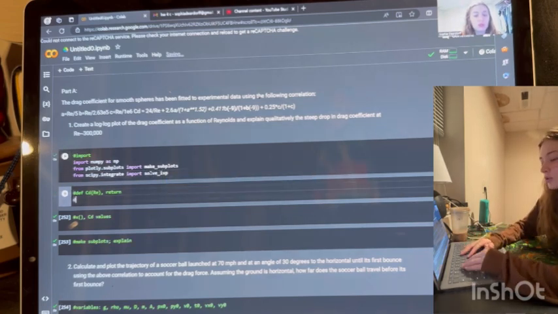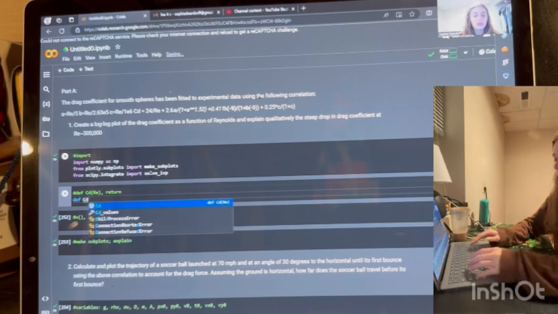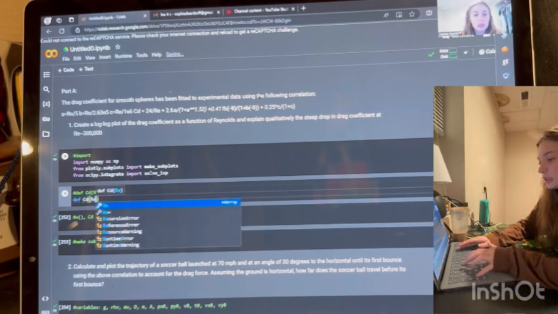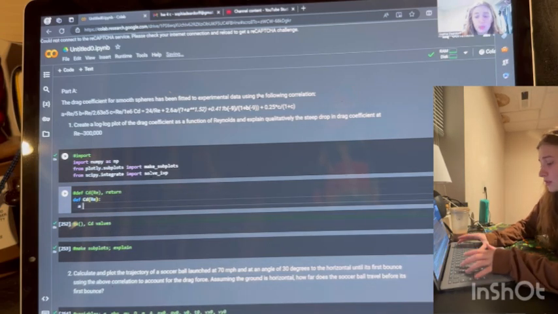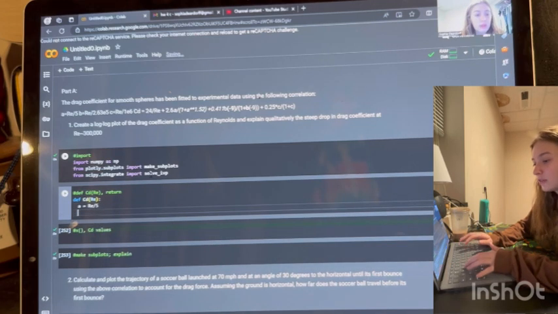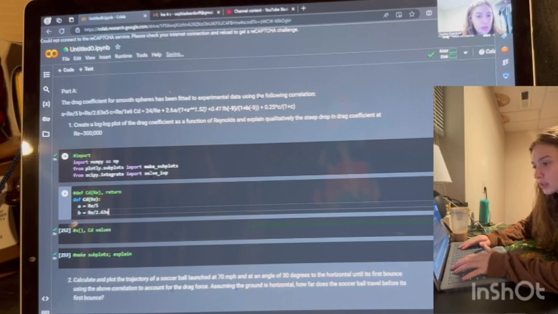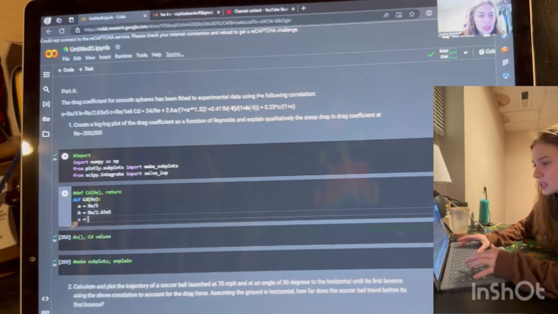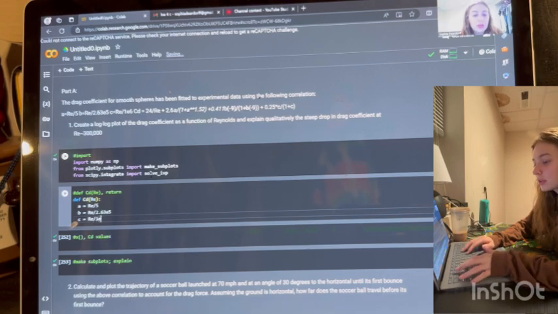Alright, and then we're going to do def of CD, Re, and then we're going to list what's given to us in the problem: A equals Re over 5, B equals Re over 2.63E5, C equals Re over 1E6.